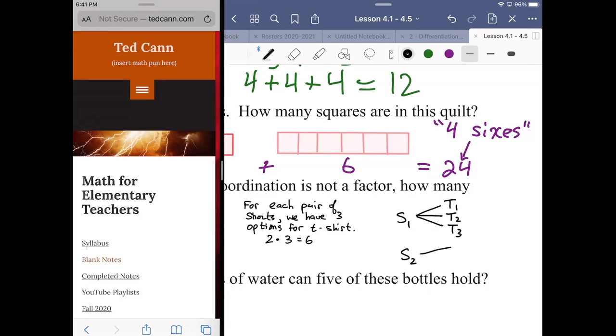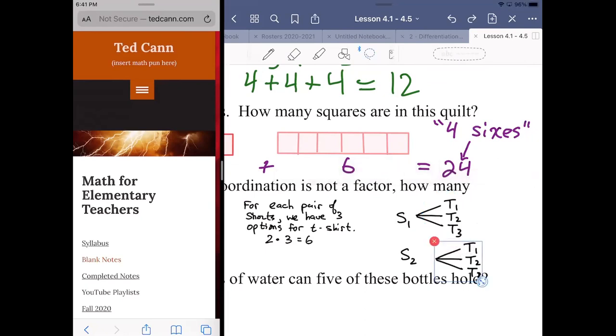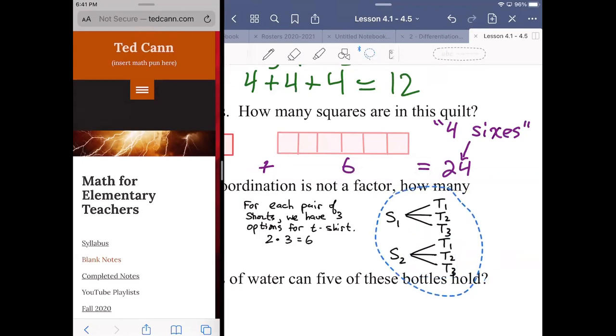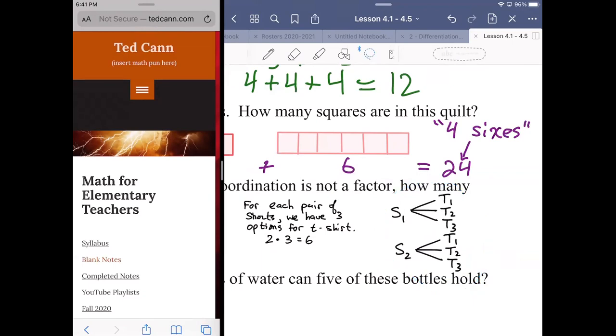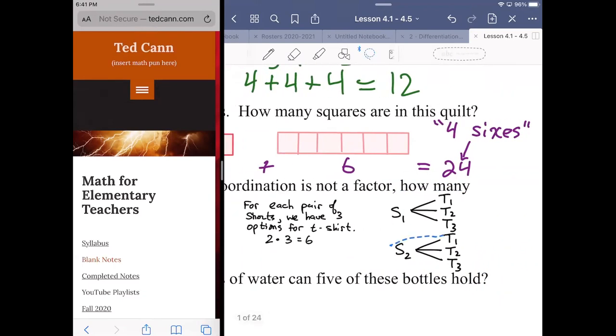Okay, so T1, T2, T3. All right, and so we're looking at a 2 by 3 situation. Okay, and so we have our 6 outcomes this way.